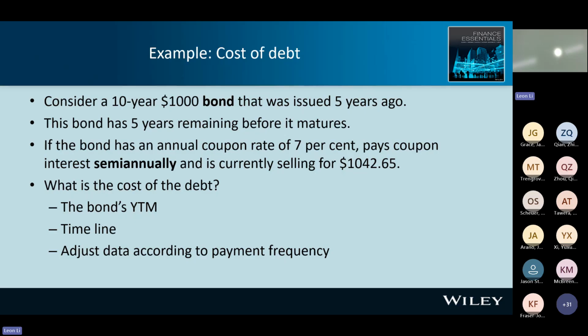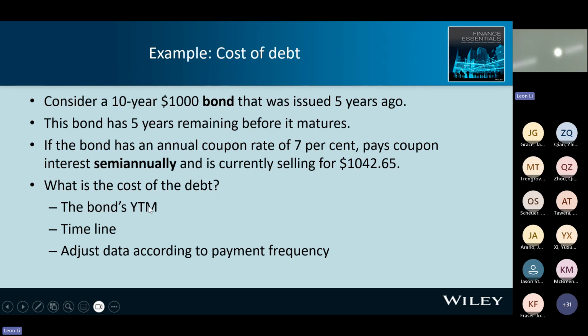If the bond has an annual coupon rate of 7%, pays coupon interest semi-annually, and is currently selling for this amount, then what is the cost of the debt? And I know the cost of the debt is the bond's YTM.